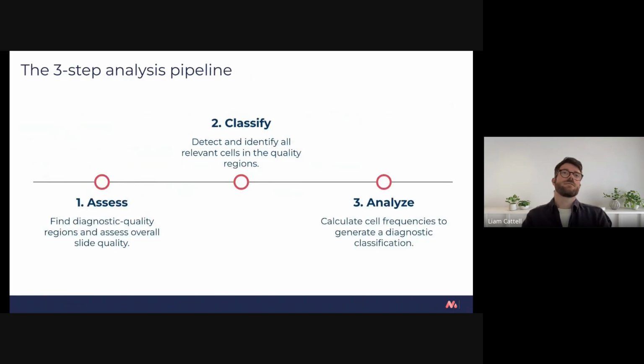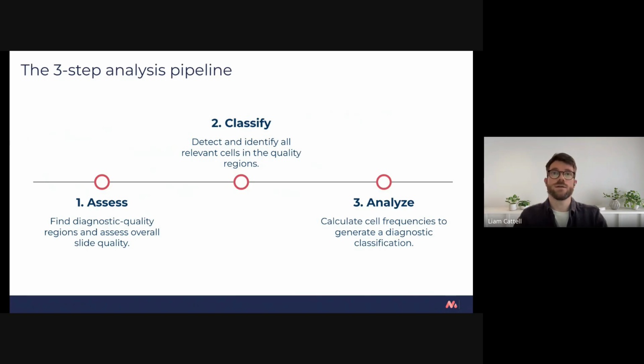Okay, next. Yeah, so our solution to this at the moment is a three-stage pipeline, and it's mimicking the workflow of a pathologist. So step one is the assessment step. That's looking at the entire slide, finding diagnostic quality regions, and trying to assess the overall slide quality. Once we've done that, we can move into step two, which is the classification step.